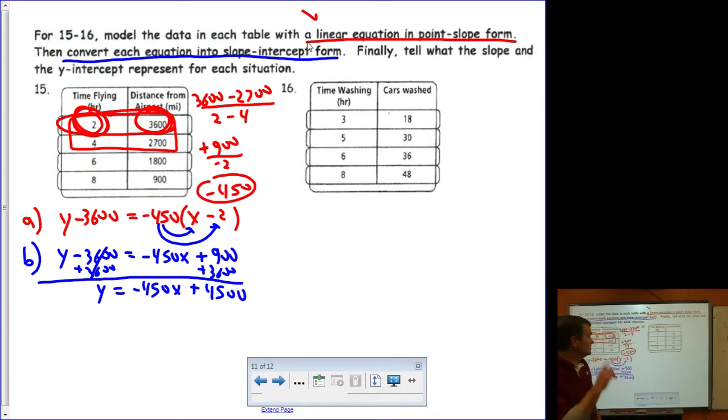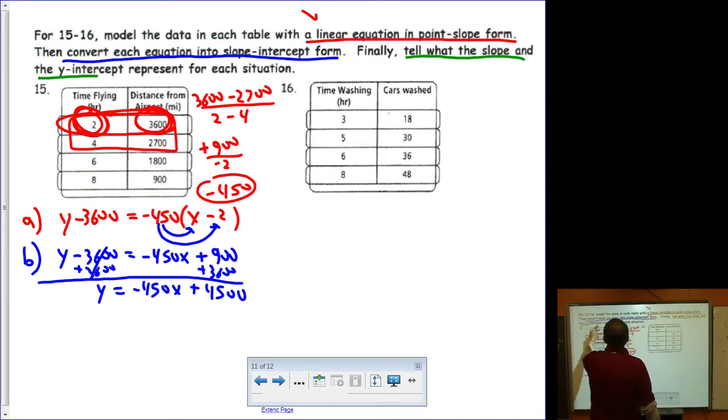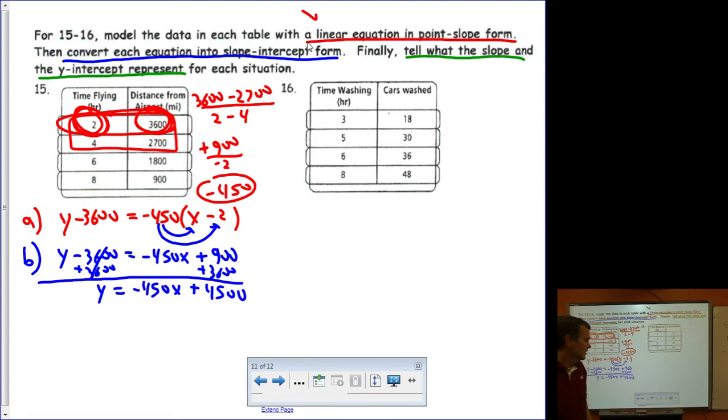And the last part, it says, tell what the slope and the y-intercept represent. All right, so the y-intercept is always your initial amount. It's the starting amount. It's the amount when x equals 0.